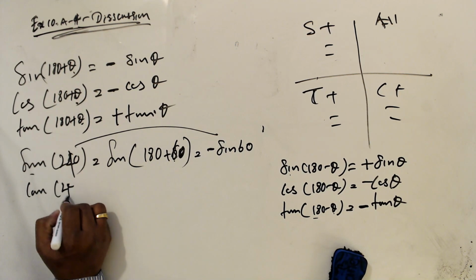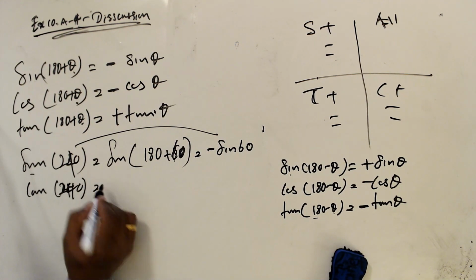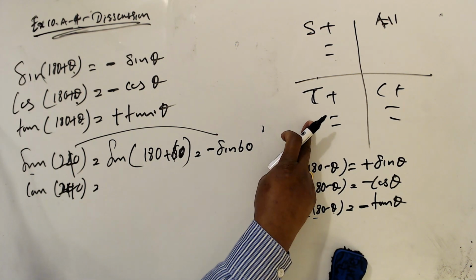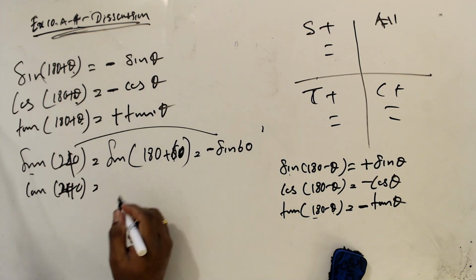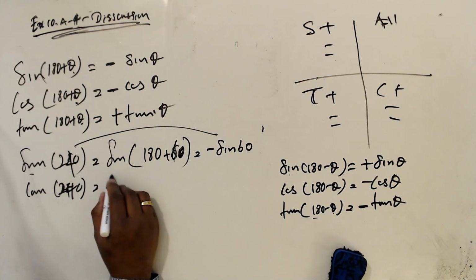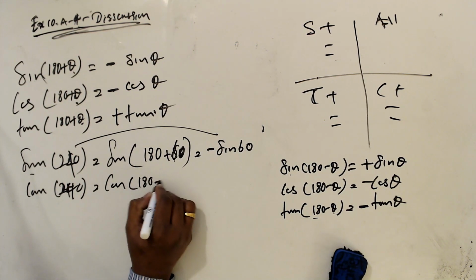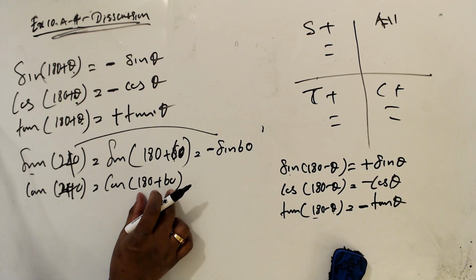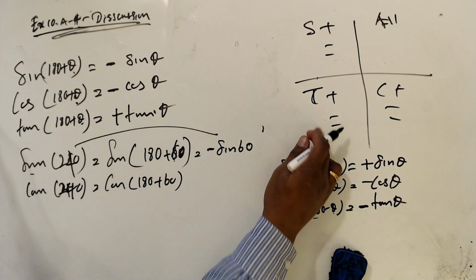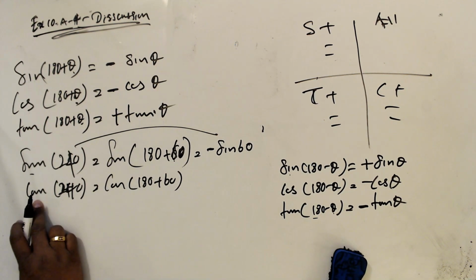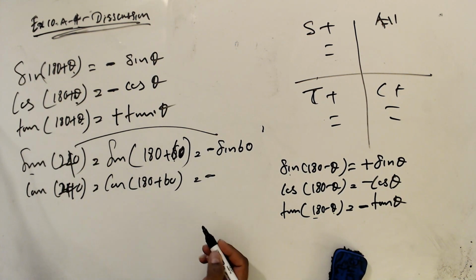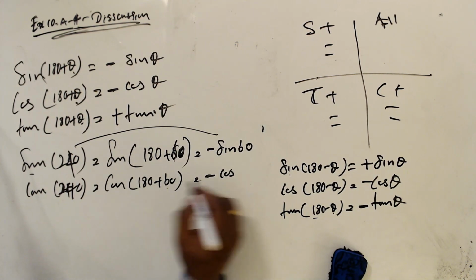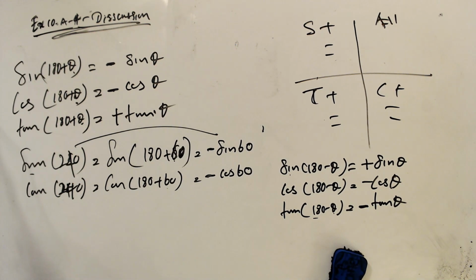Cos 240. 240 is in the third quadrant, right? Okay, I will write cos 180 plus 60. Now 180 plus 60, or 240, both are the same in the third quadrant. In the third quadrant, cos ratio is negative, and then simply write the cos ratio with the acute angle. Very simple.